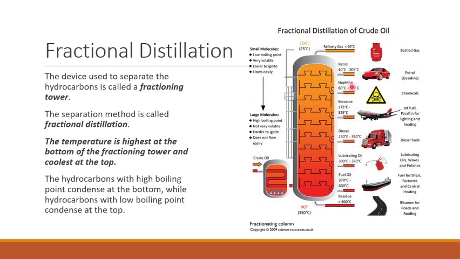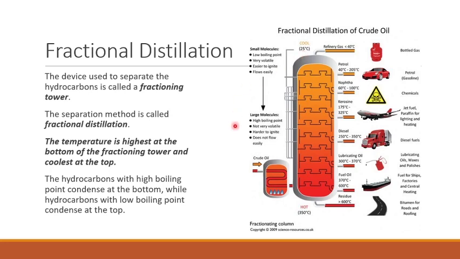petroleum. Now if we look at the figure, the fractioning tower has different temperatures. So the temperature in the fractioning tower is not the same. We start at a very high temperature at the bottom, about 350 degrees, and as we go up, the temperature will decrease. So at the bottom we start at 350 degrees. As we go up, the temperature keeps on decreasing until we reach the top of the tower where the temperature is 25 degrees Celsius.